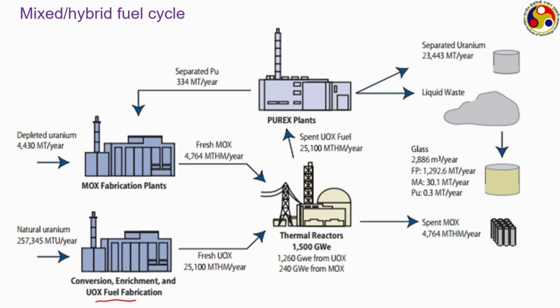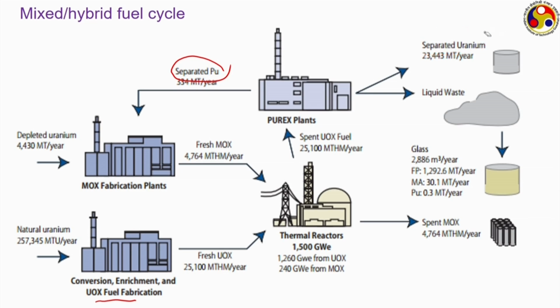Whatever spent uranium oxide fuel is supplied to PUREX plants, from where basically plutonium is separated, and uranium is also separated. This PUREX plant separates both plutonium and uranium, and it can also lead to the formation of liquid wastes.